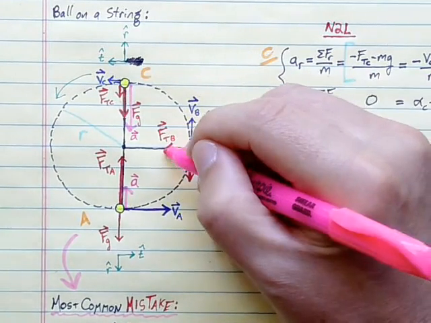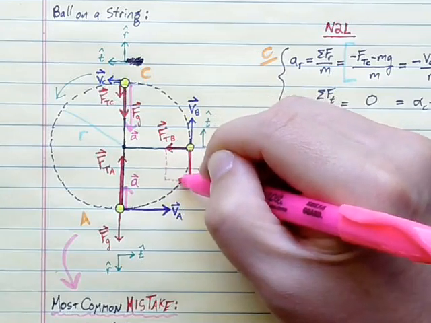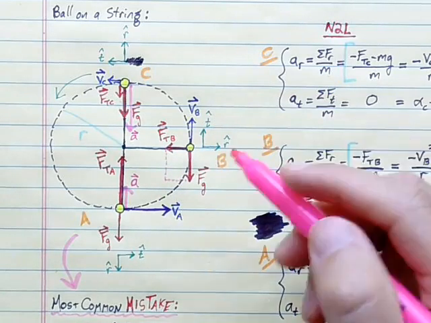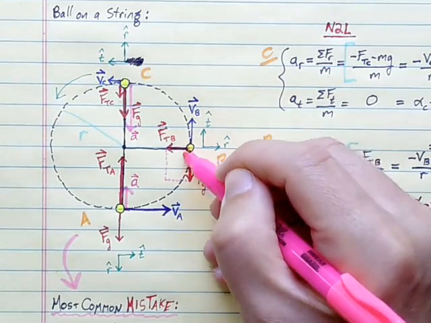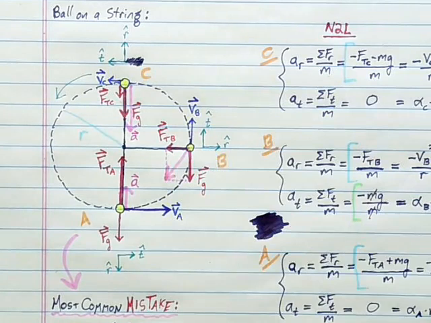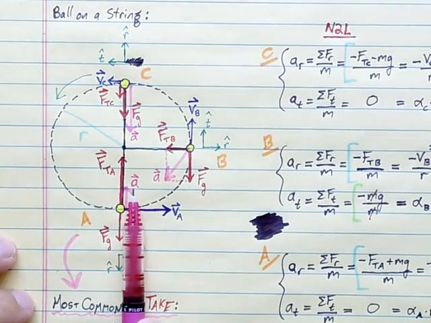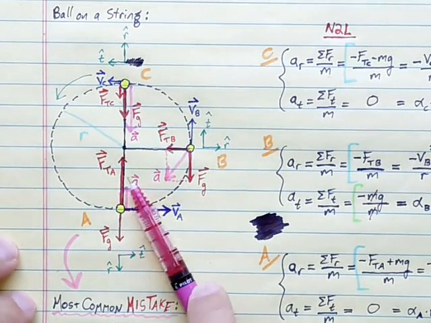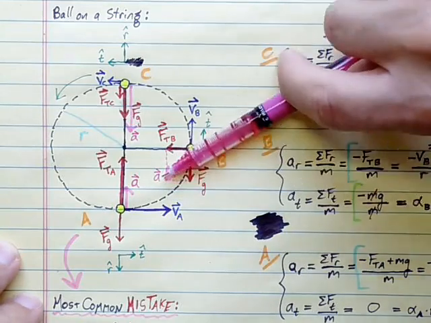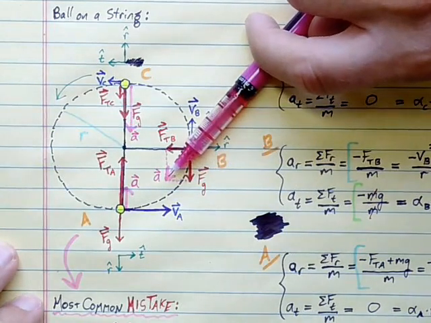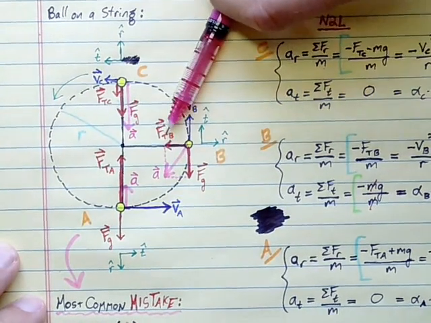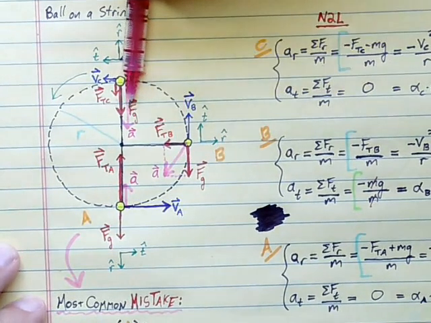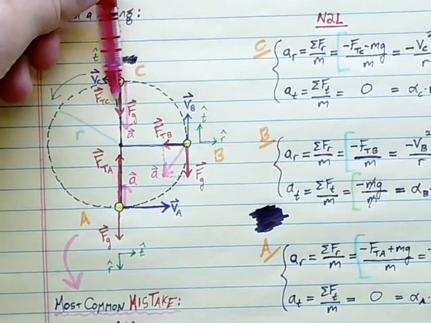So we would make those two forces the two sides of a parallelogram and draw in the diagonal of that parallelogram. That diagonal would be the direction of our net force, so that diagonal is also the direction of our acceleration. So note how at the bottom our acceleration points straight up, but then our acceleration vector, as we swing upwards, must sort of tilt. So acceleration points like that by the time we're at the side, and then tilts some more until it points straight down at the top, and then we'll reverse that trend on the other side.